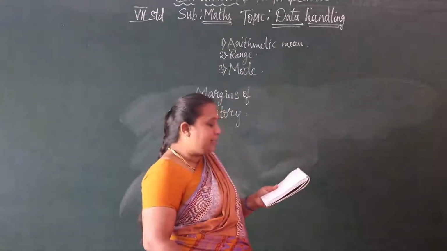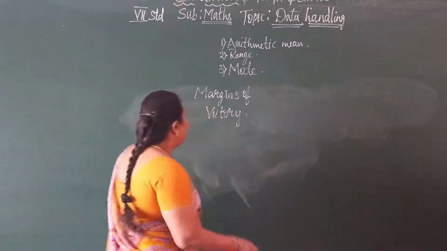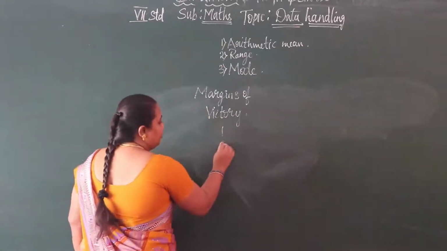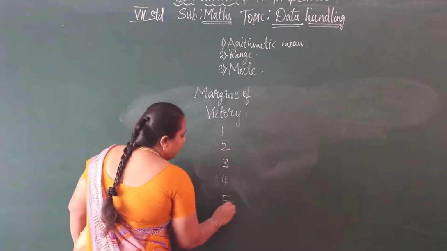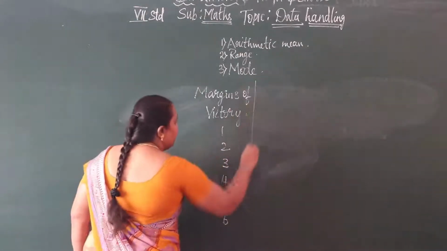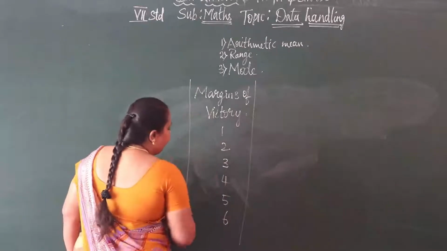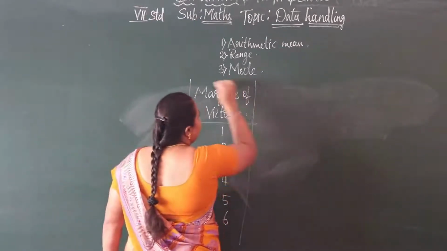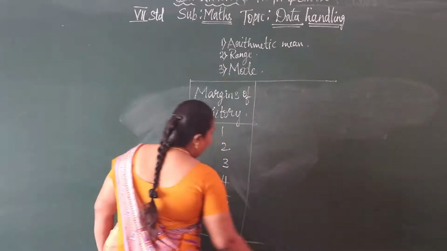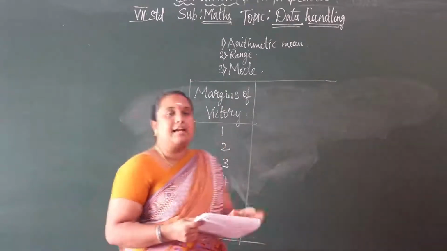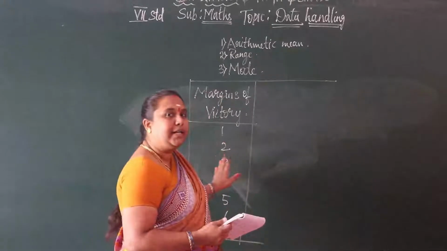More than 6 there are no numbers. So we write 1, 2, 3, 4, 5 and 6. These are the margins of victory. Other than these there are no numbers in the given data.